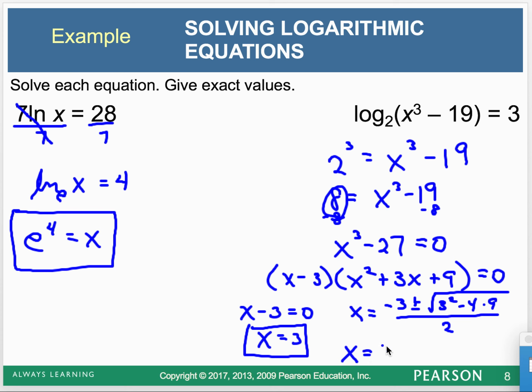A is 1. So we have negative 3 plus or minus the square root of, that's going to be 9 minus 36, right? 9 minus 36 is some negative number. These are complex solutions, right? Complex solutions. Okay. Because it's got to be positive.